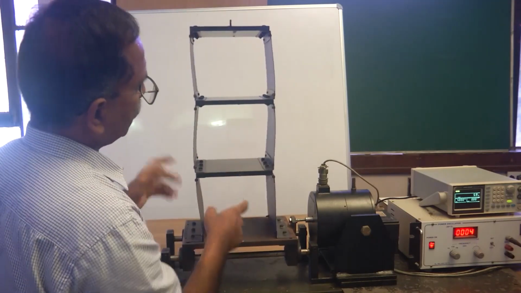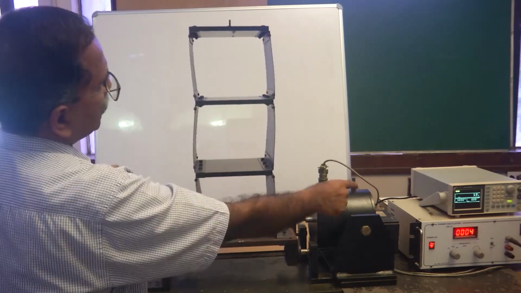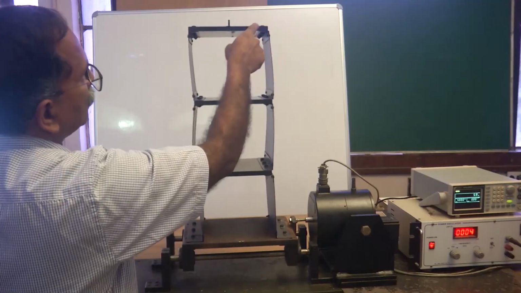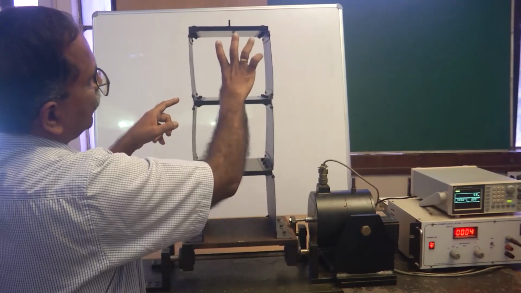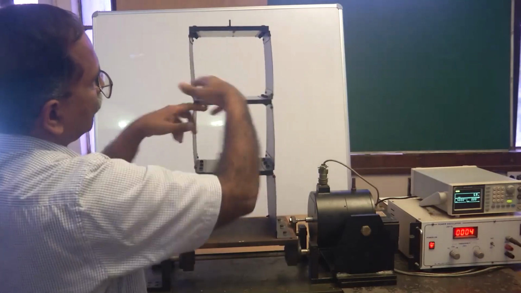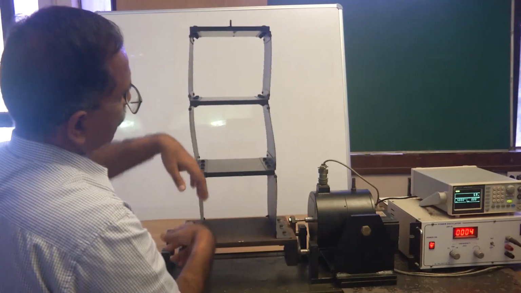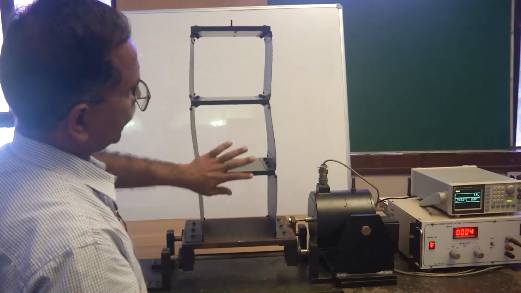Now what does that mean? If this goes on this side, this goes on this side, and this goes on this side, and you join the points of displacements of each of these masses, there will be a node point in between these two plates, because both of them are in opposite phase, and since this and this are also in opposite phase, there will be another node point in between the motion of these two plates.